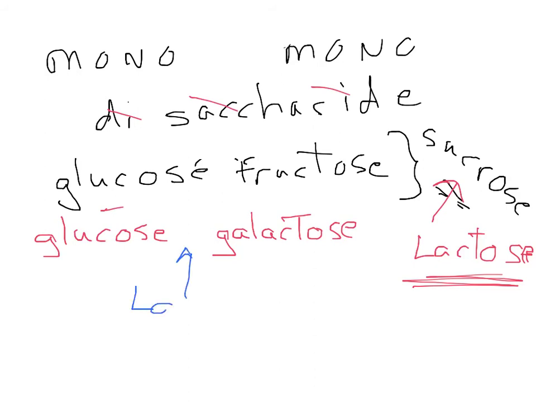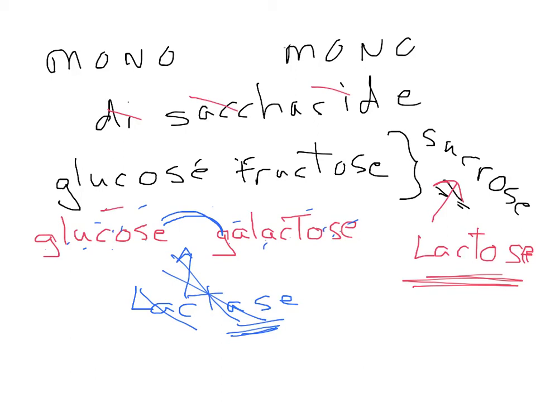So if I am missing the enzyme, which is called lactase, again, here's the ASE ending, I can't break this down, and so glucose and galactose stick together, cannot be absorbed, and all sorts of organisms in your digestive tract start to work on these chemicals and cause inflammation, diarrhea, and a baby can be dehydrated very, very quickly.